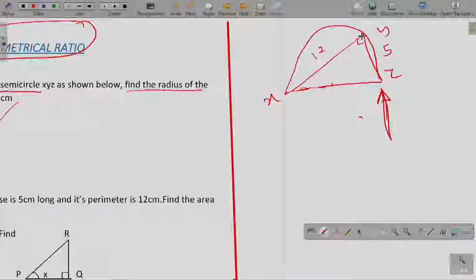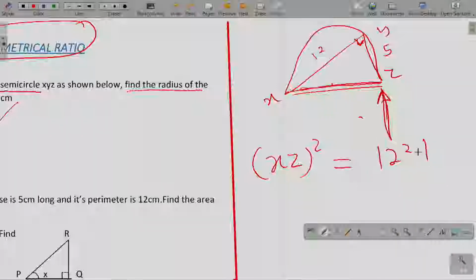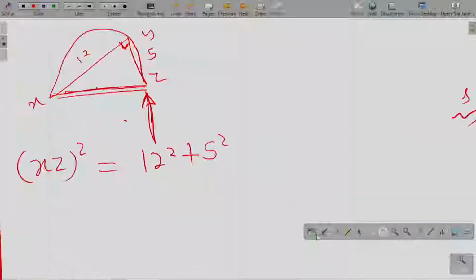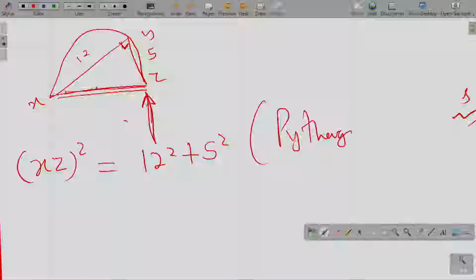Now here the hypotenuse is this distance, because the triangle is on this side. So XZ squared is equal to 12 squared plus 5 squared by applying the Pythagoras theorem.